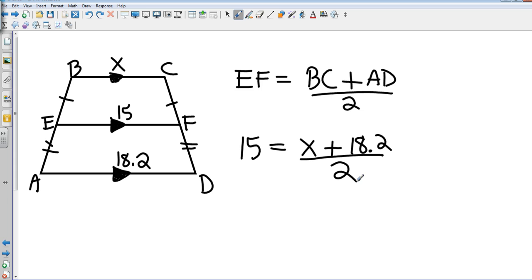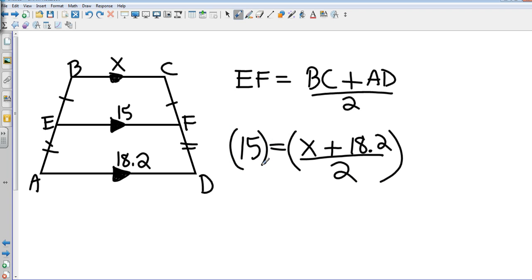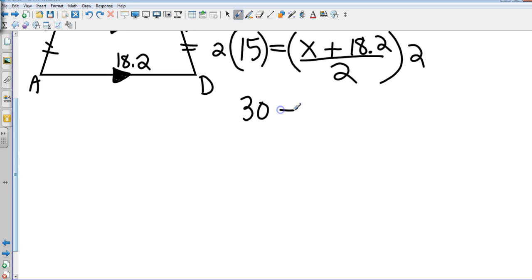So now we just solve it algebraically. Let's multiply both sides by 2. So that gives me 30 equals X plus 18.2. Subtract 18.2 from both sides.